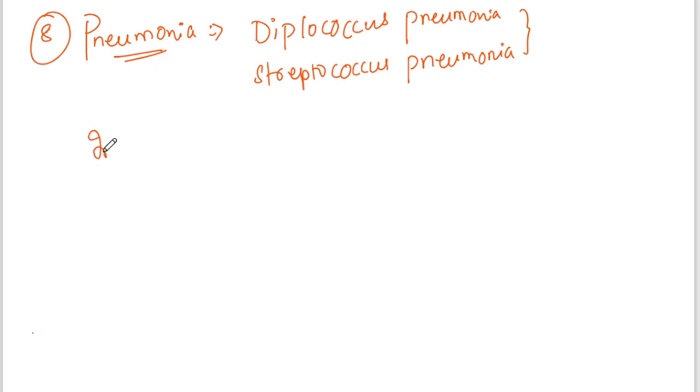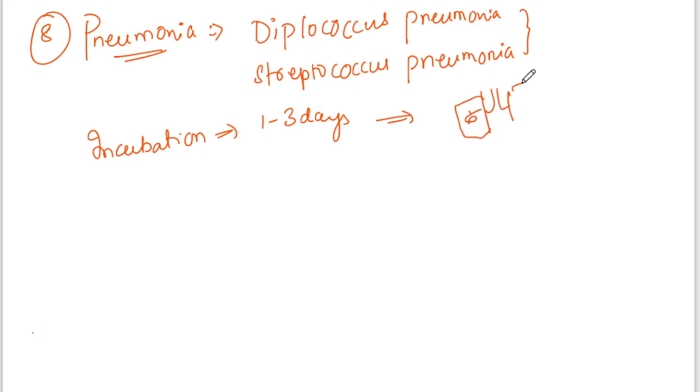What is the incubation period? The incubation period of pneumonia is 1 to 3 days. It will affect the lobes of the lung, and because of this reason it is also called lobar pneumonia.